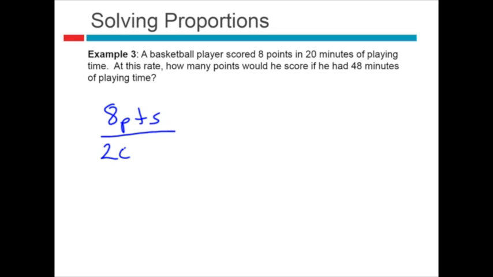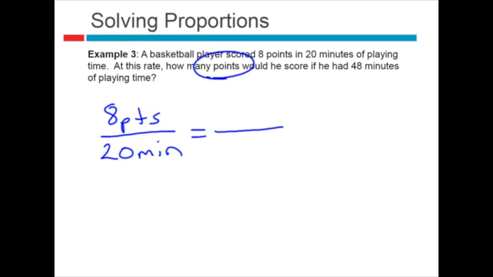per 20 minutes. You'll notice I wrote the points and the minutes there, and I think that's really important. So we're trying to find, at this rate, how many points would he score if he had 48 minutes of playing time. So how many points is going to be our missing variable.